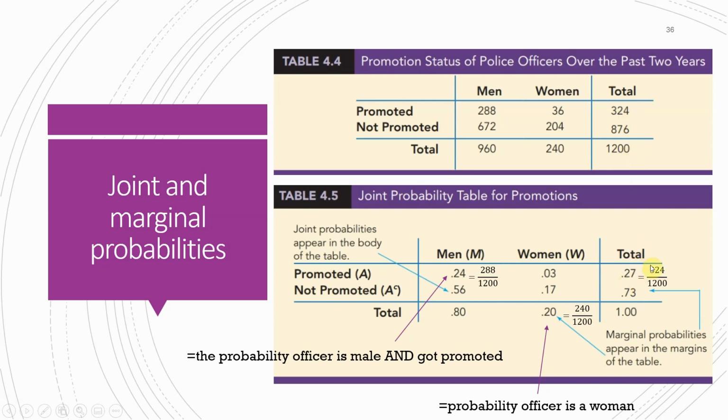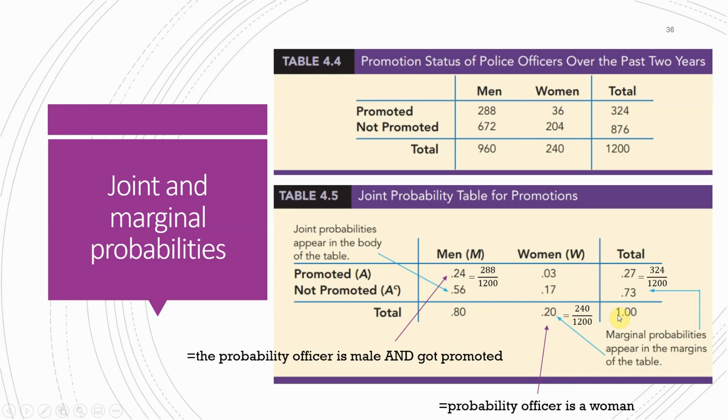That's just the probability of promotion, the relative frequency of people that got promoted or not promoted, and you can calculate all of these by simple division. Again, the probabilities in the middle of the table are called joint probabilities because they're telling us the probability of two events happening together, like women and not promoted. This one, 0.03, is women and promoted, and so on.